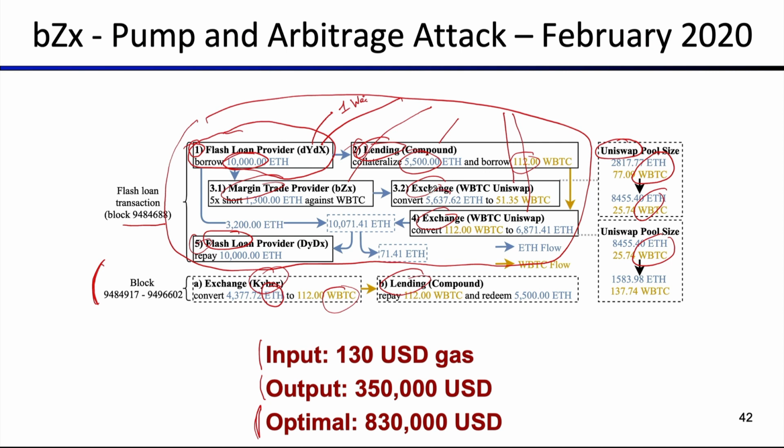How much do we borrow? How much do we convert here? Etc. The idea is that given that you see such an attack on chain, you can model this attack and find out, with an optimization framework, as we will discuss in a bit, whether the attack is executed in an optimal manner or whether the adversary left money on the table.